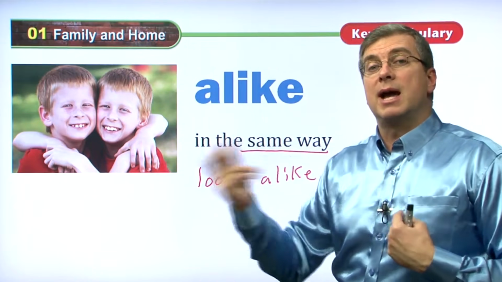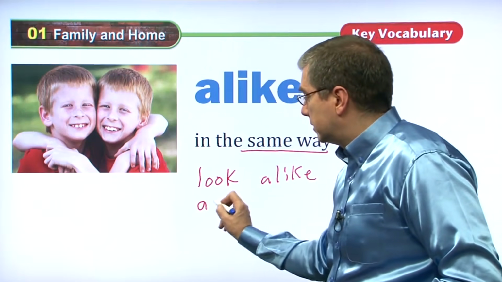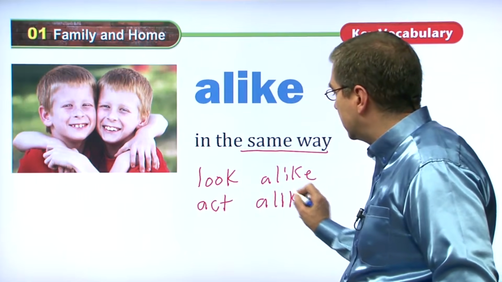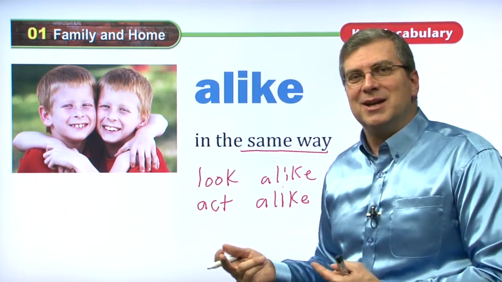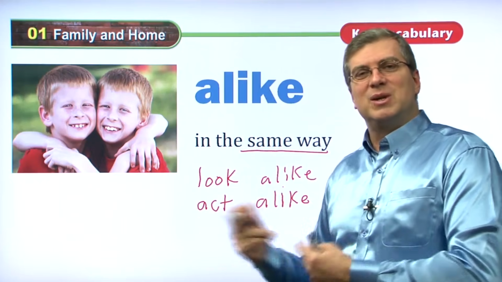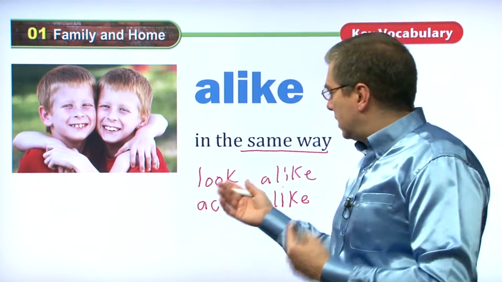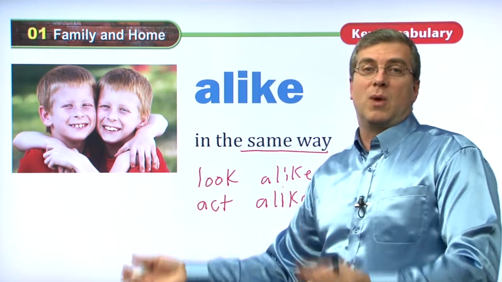So my father and I, we look alike. But people can also act alike. They behave in the same way. And that's interesting. My brother and I, we kind of think the same way. So we think alike. Sometimes we do the same things. We act alike, right? So you can look alike, you can act alike. It means in the same way.